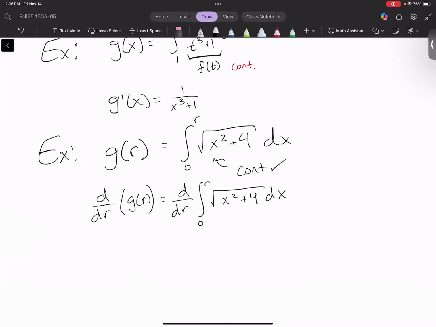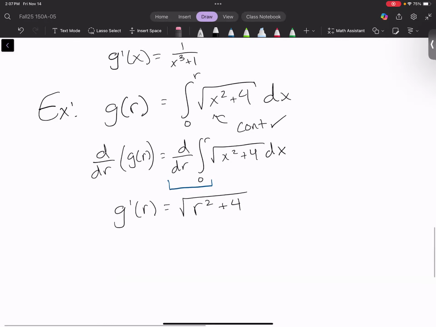So you can see what I mean. Essentially, the derivative and integral are going to cancel. On the left, I'm left with g prime of r. On the right, I'm left with that inner function, but with r, the variable I'm looking at inside of it. That's my derivative.